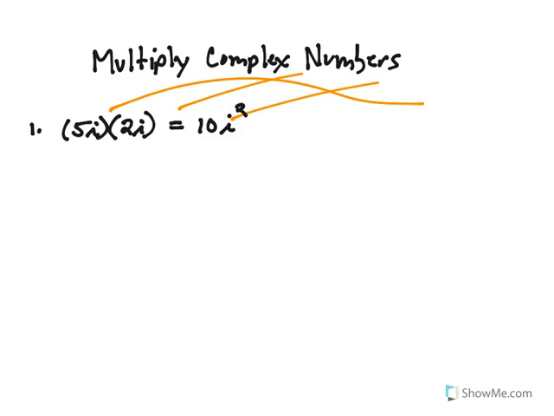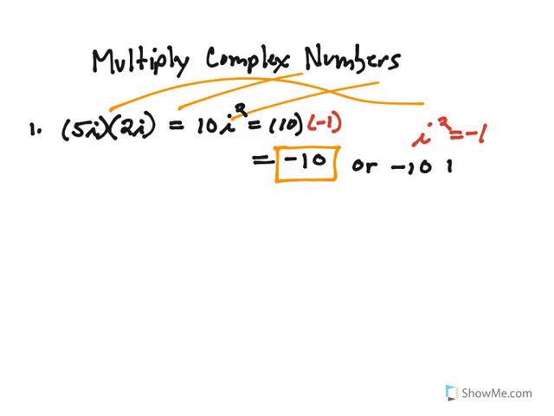Now remember, we're going to replace i squared with negative 1, remember? Okay, so i squared is negative 1, so we're going to replace that with 10 times negative 1, and then you should get negative 10 for your final answer, and that is your solution. Or you can write it in standard form as negative 10 plus 0i. Okay, so that's in standard form.